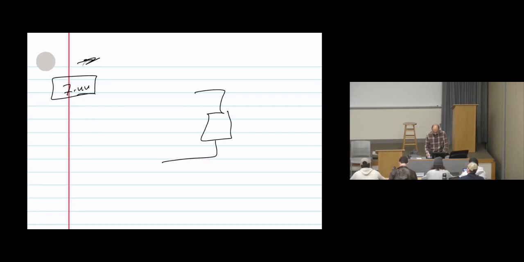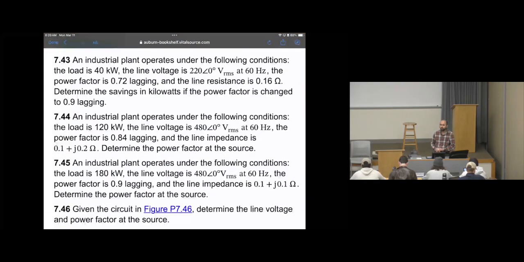The load is given here as plus minus V load, which is the voltage 480 volts, angle 0 degrees. Again, this is an RMS representation. Then we also have the real power of the load, 120 kilowatts.